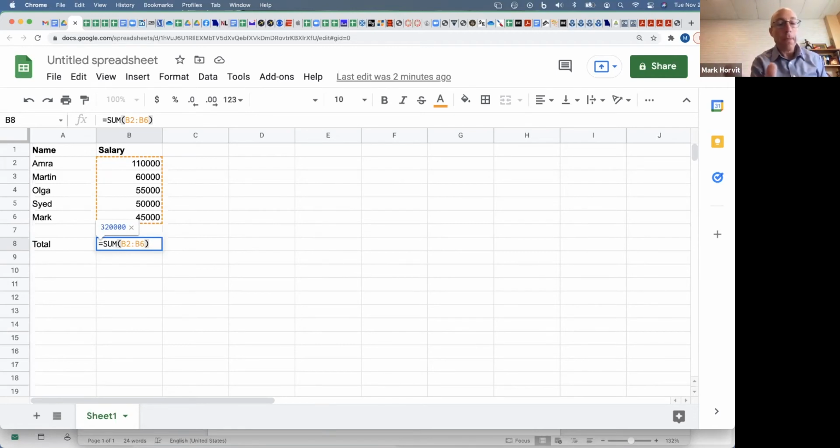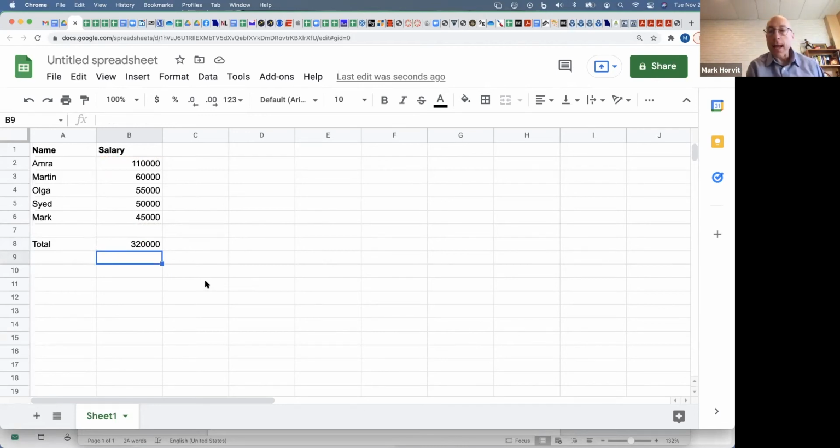We'll use a few of them. Open the parentheses or brackets. Tell the computer the range of numbers you want to work with. You don't have to include them all if you don't want to. B2 through B6, close the parentheses or the brackets, and hit enter or return, depending on what kind of computer you're on. And it adds up our total, which is 320,000.